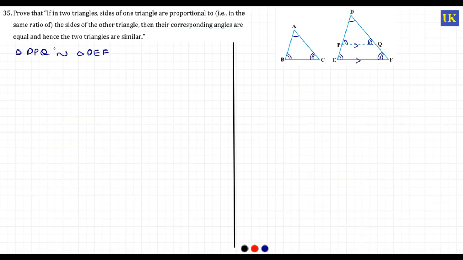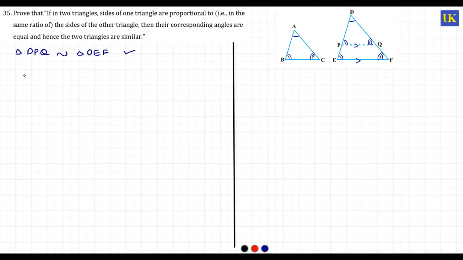So on the earlier page, we proved that triangle DPQ is similar to triangle DEF. So this small triangle is similar to the bigger triangle. So now we can write this in similarity form, right?